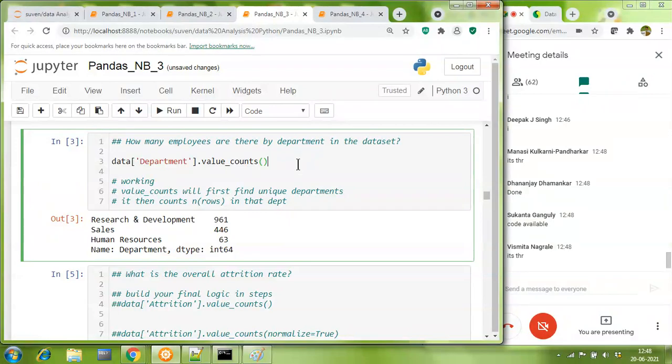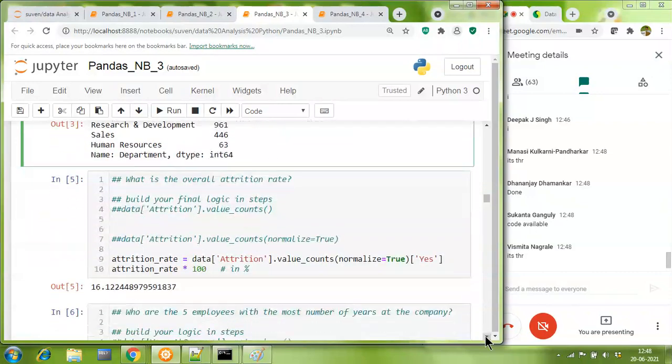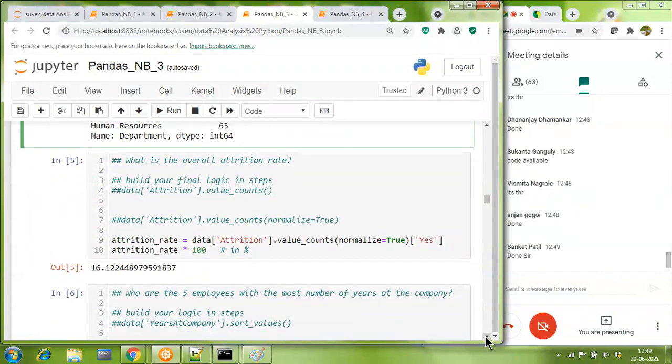So please run your cell and see whether you're getting a similar output or not. Okay, so Anjan says done. Sanket says done. Waiting for others.